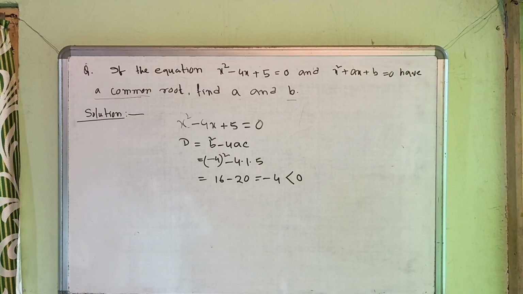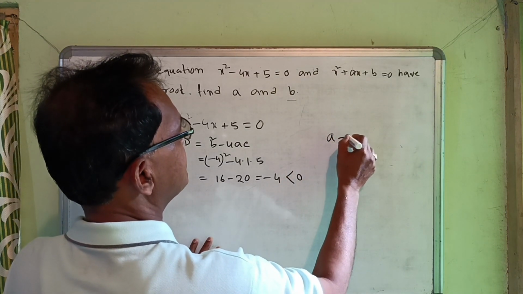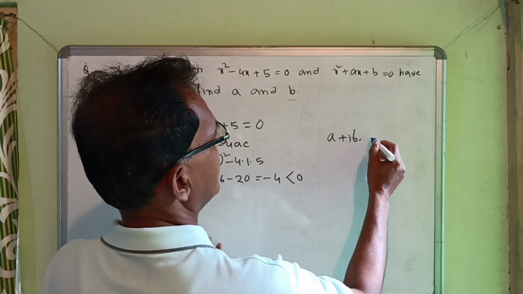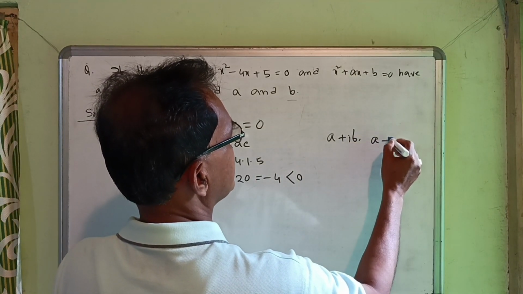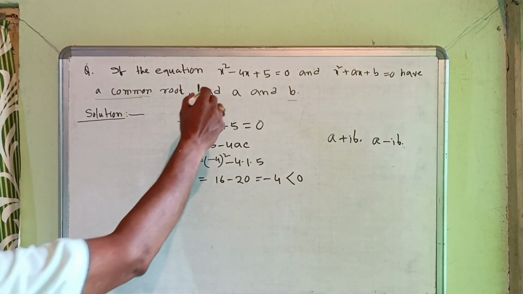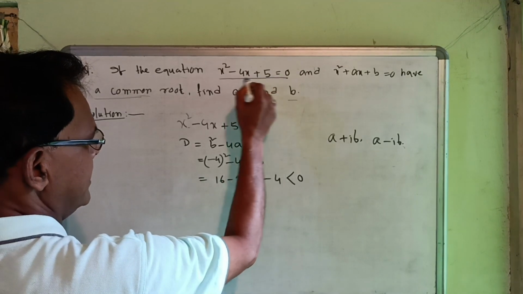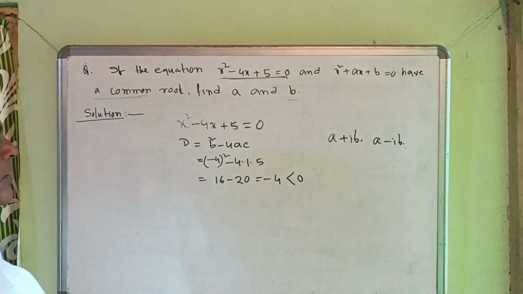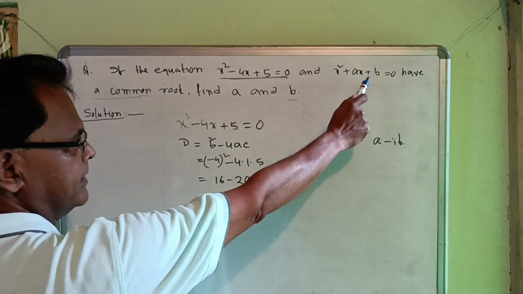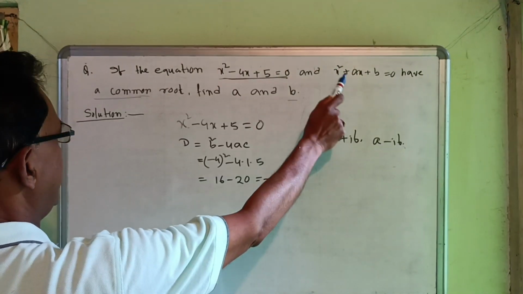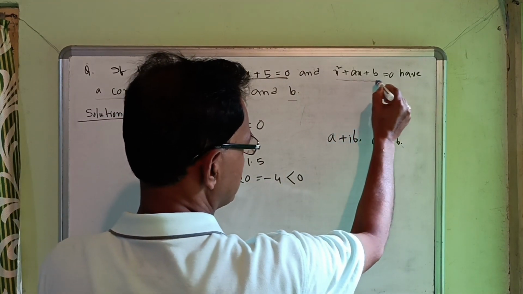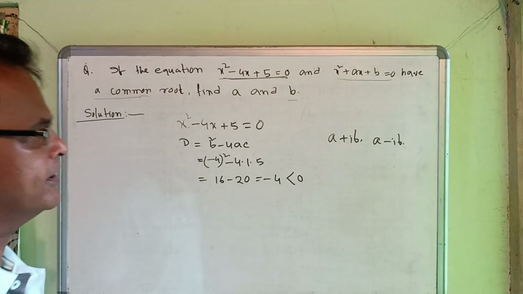That means the roots are like this: a plus ib is one root. Since imaginary roots always come in pairs, another root is a minus ib. Therefore this equation and the other equation have a common root, which means the other equation also has imaginary roots.